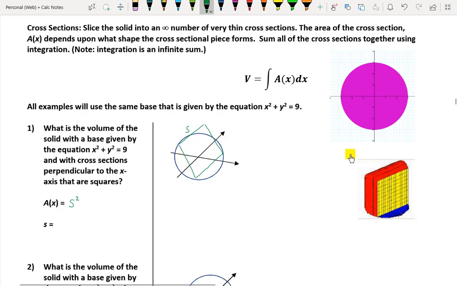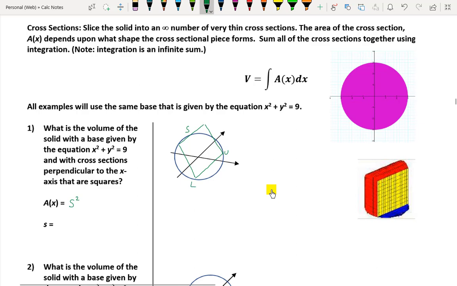We've been talking about that in terms of upper minus lower. So the height of this square is going to be the upper part of the function minus the lower part of the function, and that's what happens right up here. This is upper and this is lower. That's going to be the base of our square, and it's also going to be the height of our square.